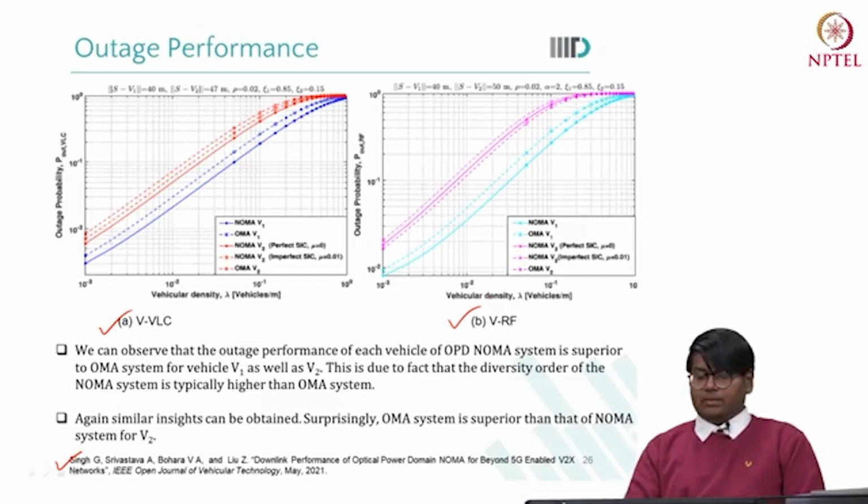We observe that the outage performance of OPD NOMA is superior to the OMA system as well. This is mainly because the diversity order of the NOMA system is typically higher than the OMA system.